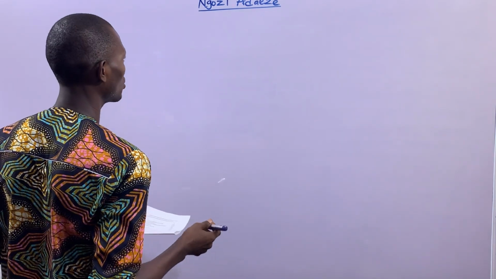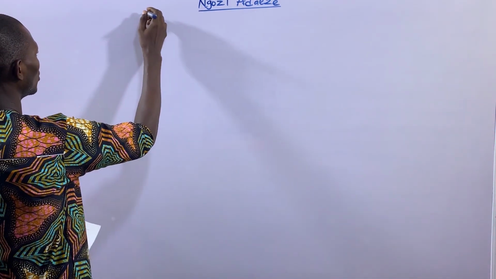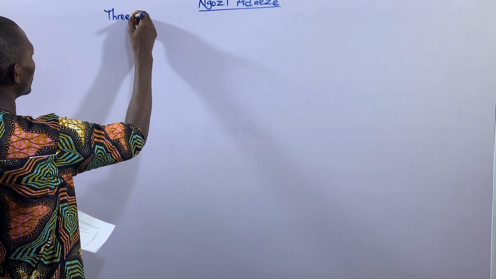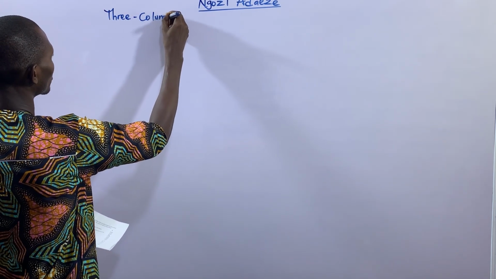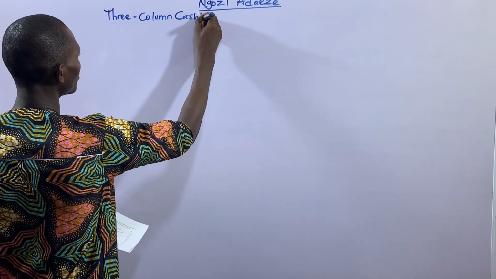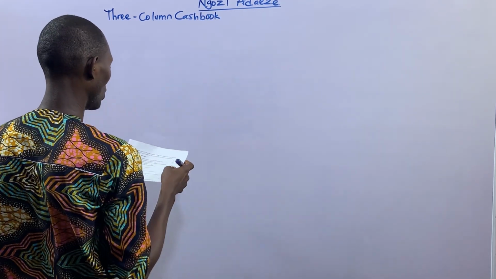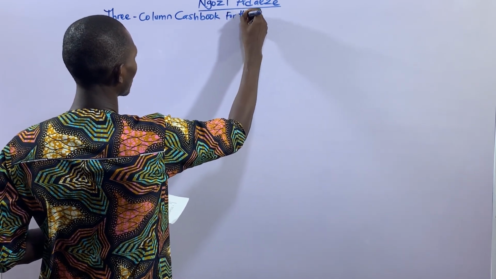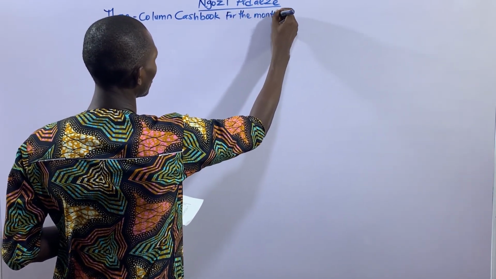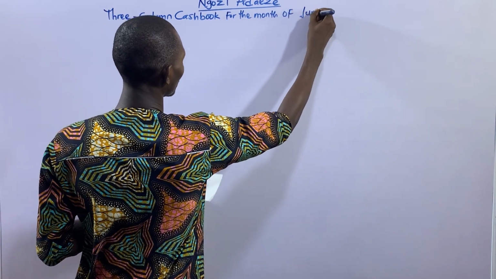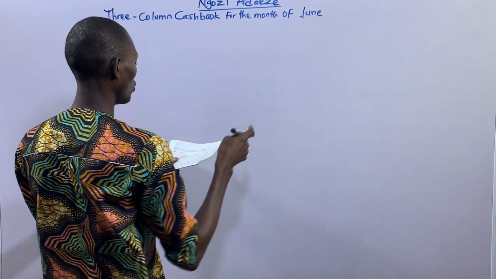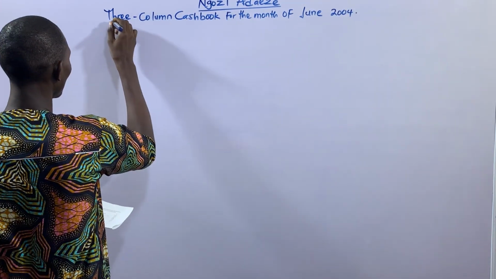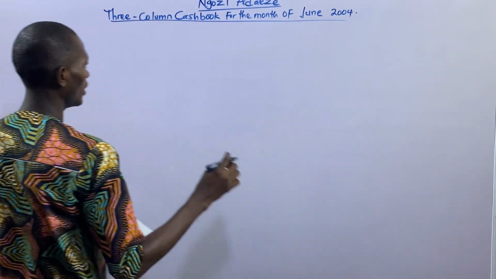Then the account you are asked to prepare, which is the three-column cash book for the month of June, 2004. That's what we have. So we rule it. So let's draw the formats now.